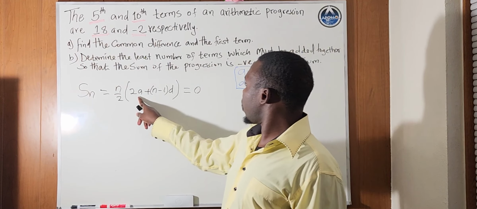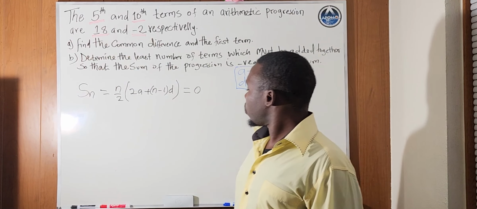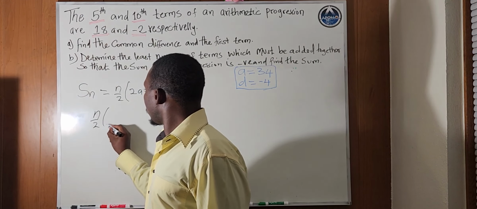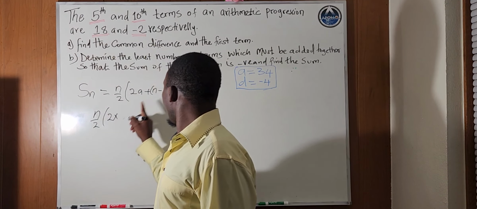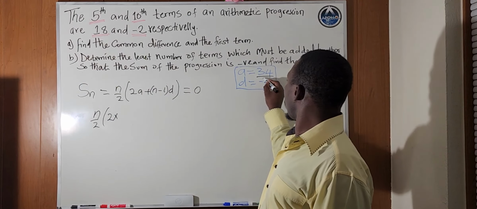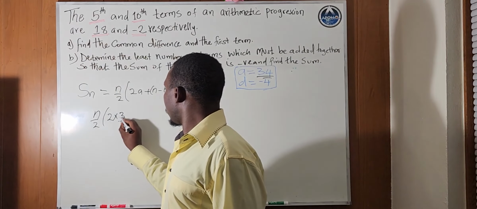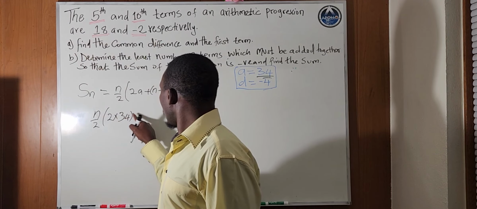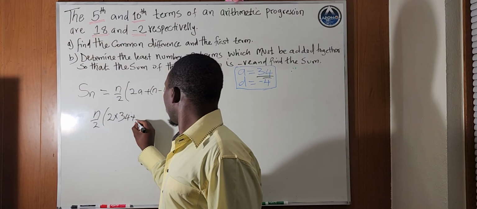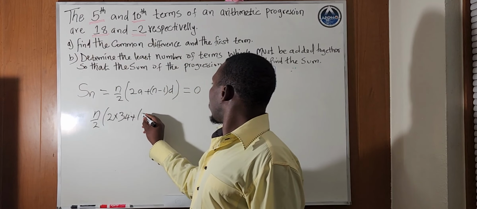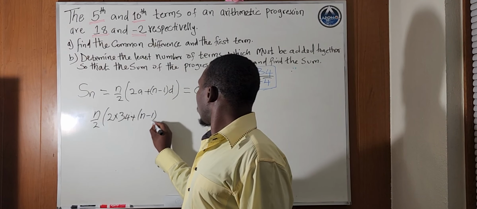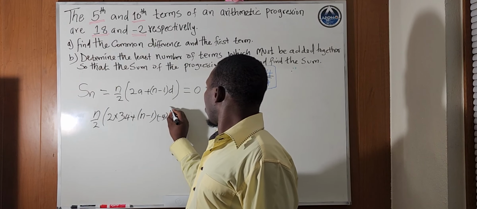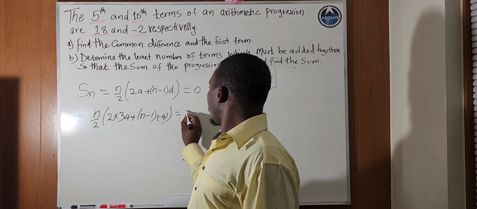Let's see, we have A, we have D. So we can say n over 2 into 2 times A. A is 34 here, we just substitute, times 34, then plus n minus 1 times minus 4. This should be equal to 0.